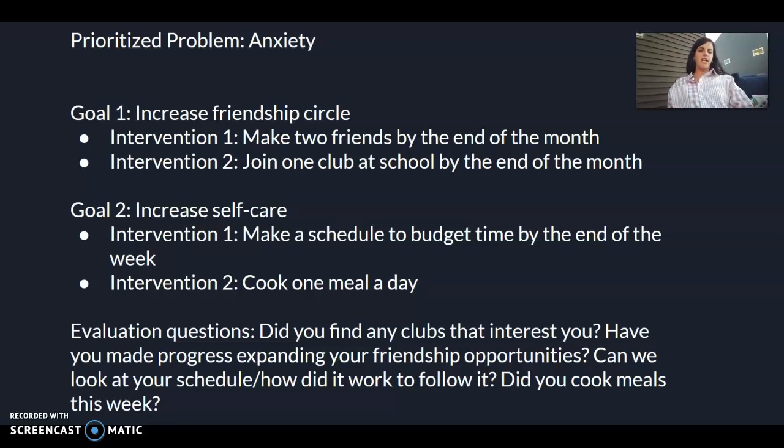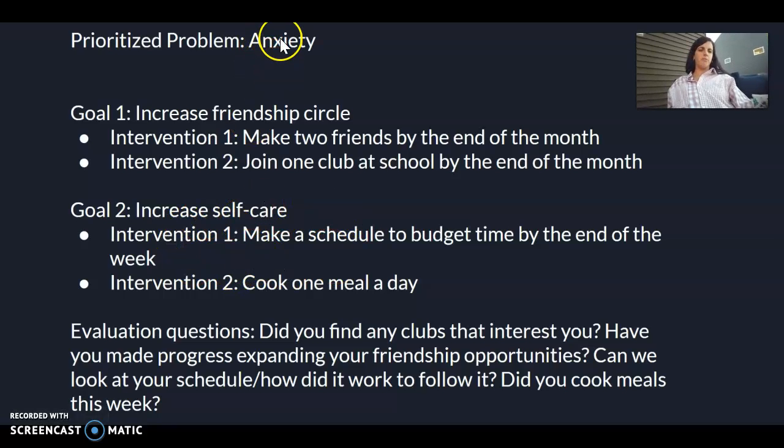So get a baseline number of what their anxiety was at the beginning of treatment, and then implement that every 2 weeks or so, whatever feels appropriate for treatment. Because after you've evaluated and figured out if they were able to do these goals and interventions, you could link back and see, hey, are your anxiety scores going down? Or maybe they're going up because they're feeling really anxious about doing these things.